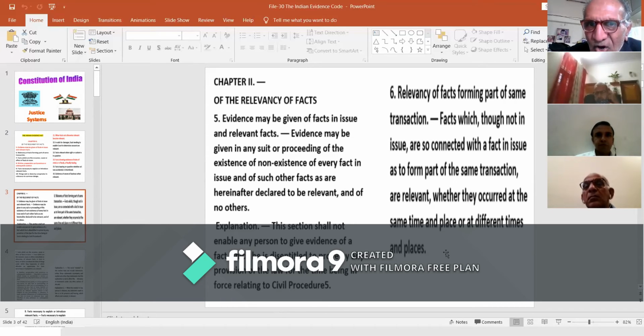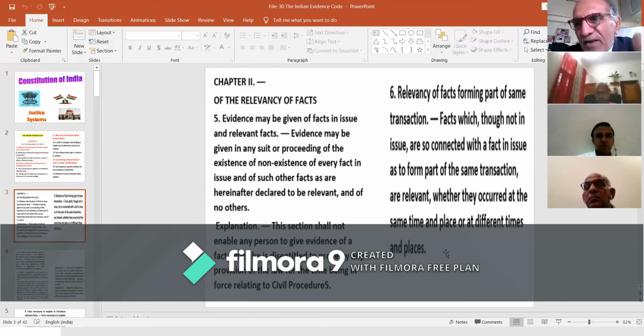existence or non-existence of every fact in issue, and such other facts as are hereinafter declared to be relevant, means what is permitted hereinafter, in this chapter, but of no other facts.